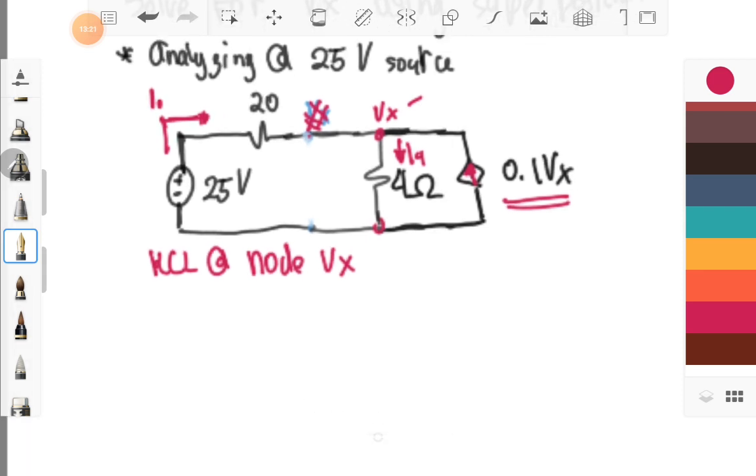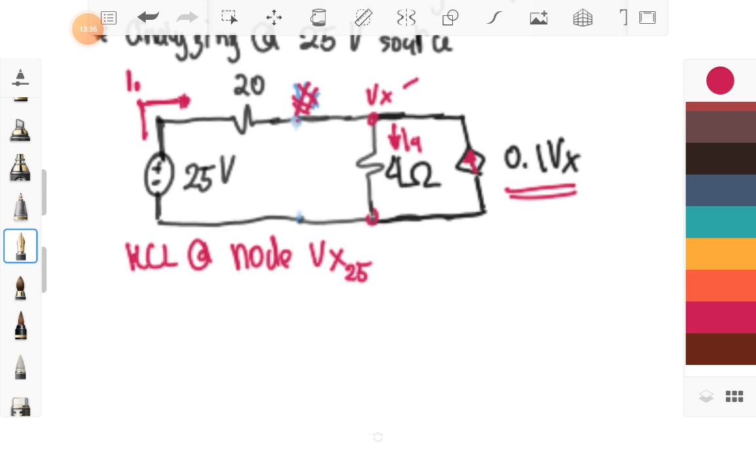KCL at node Vx. So since this is at 25 volts, lalagay ko dito Vx at 25 para hindi natin makalimutan that it is your Vx at 25 volts. So we have our I1 entering to your node Vx, and then your I4 going out to your node Vx, and then your positive 0.1 Vx because it is entering your dependent current source, which is a voltage dependent current source.